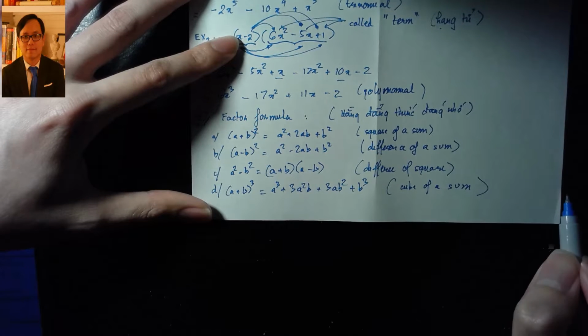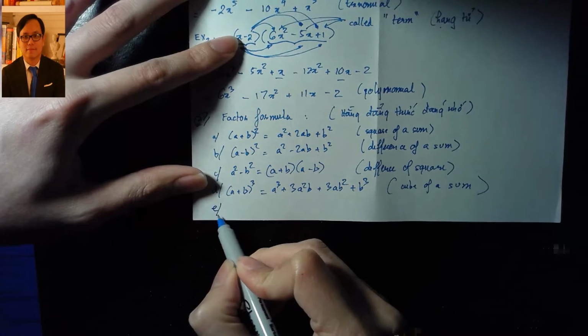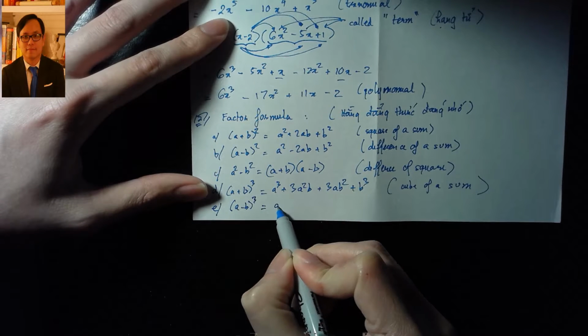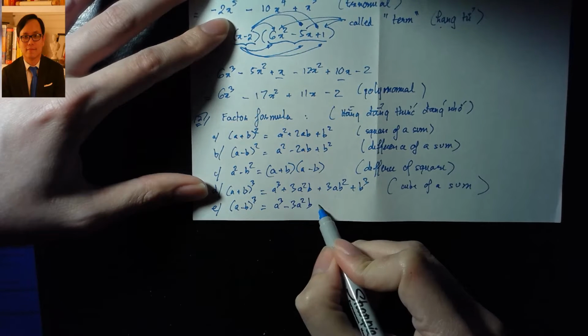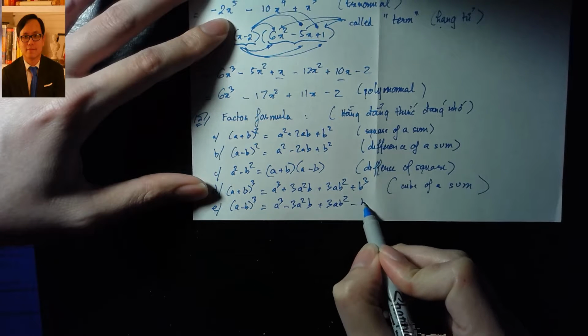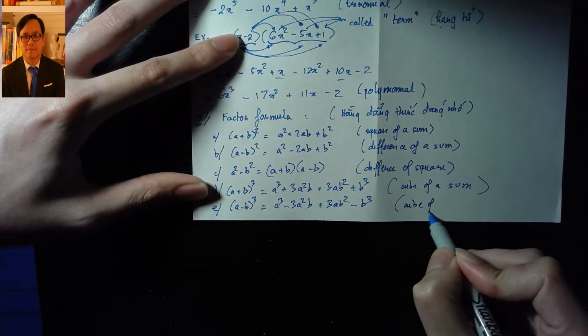Okay. The next one, a minus b cubed will be a cubed minus 3a squared b plus 3ab squared minus b cubed. This is called cube of a difference.